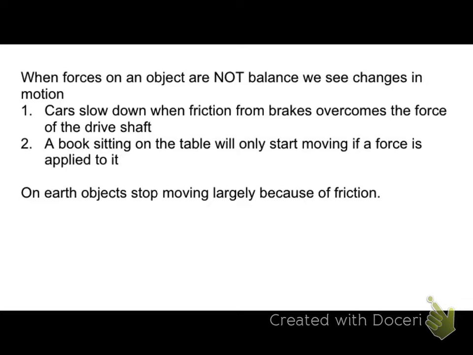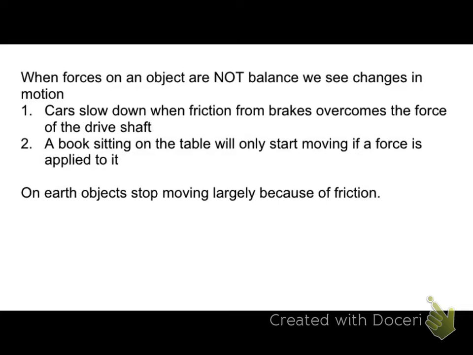So in the example of the car, notice that I said friction from the brakes or from the road surface, because we all know if you don't have your car on cruise control and you take your foot off the accelerator, you're going to start slowing down, right? That's because there's lots of friction involved there. There's friction between the wheels and the surface of the road you're traveling on.